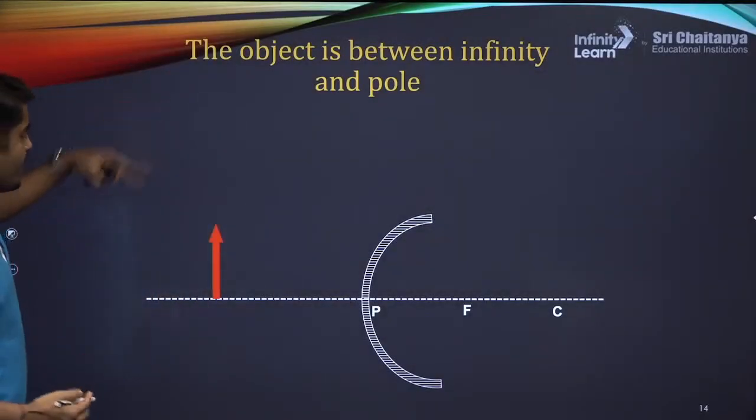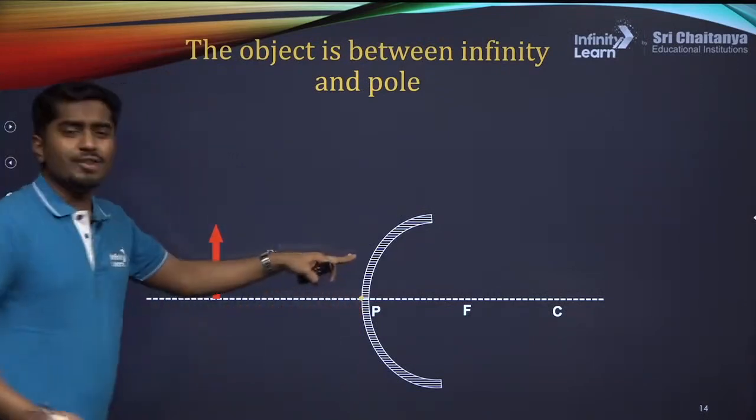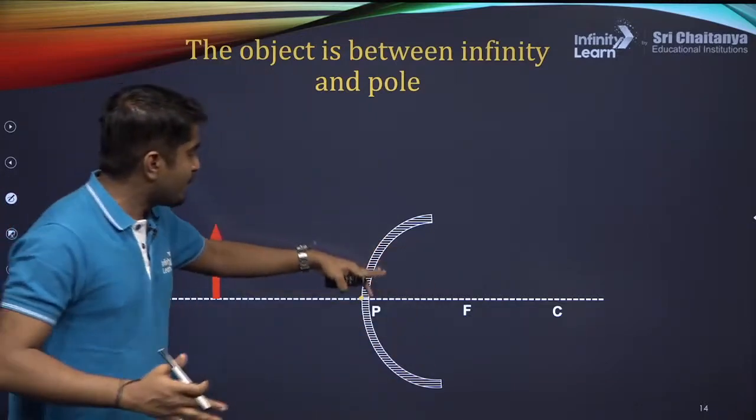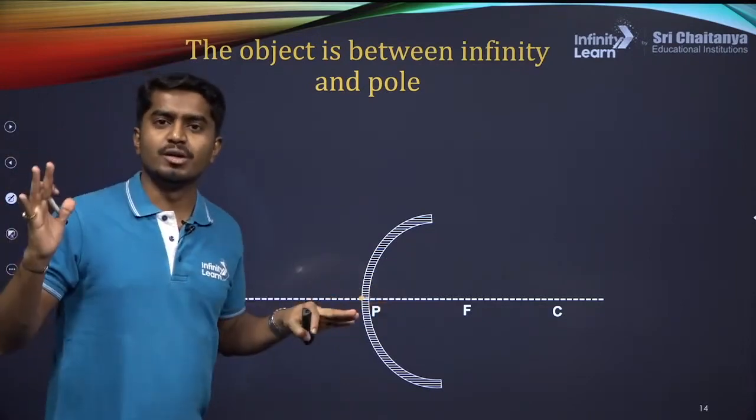Now, the second case, it is between infinity and pole. तो convex mirror इतने सिंपल होते हैं, इतने आसान होते हैं समझ में. You can place the object at any place, कहीं पर भी रख दो, है ना.